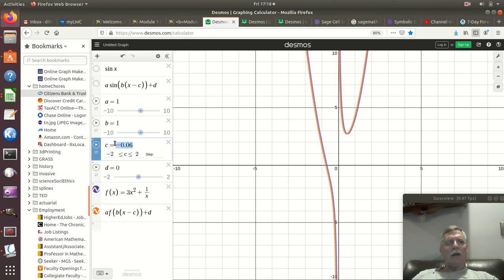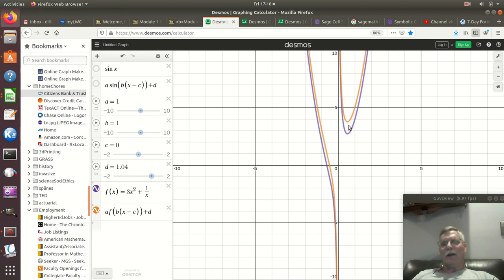So let's get back to 0 here. The side to side, again, worked really nicely. Up and down, again, works very nicely. Now, with something that has a vertex like this, you can see the up and down very well. But if you look over here at the left-hand side, it's not so easy to tell that all you're doing is shifting the thing up and down.